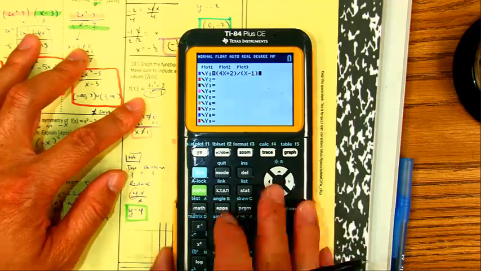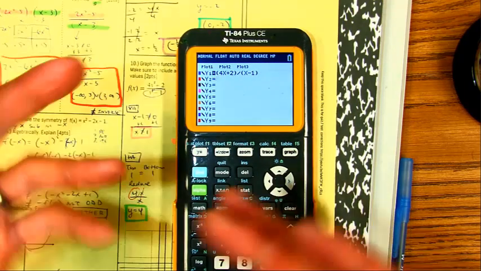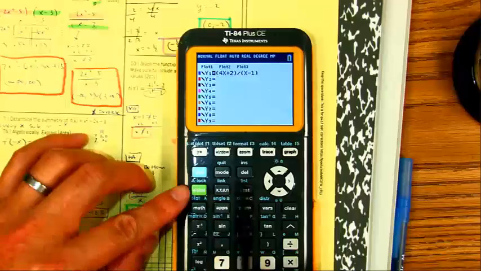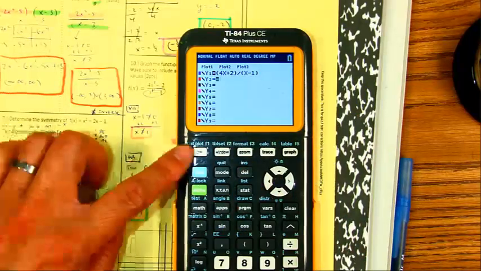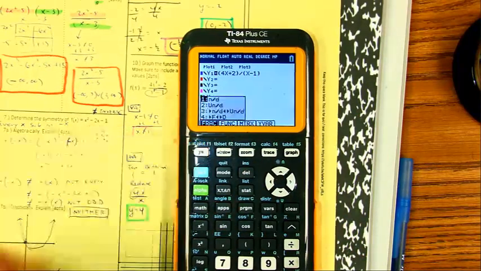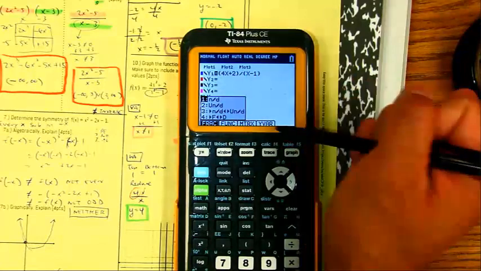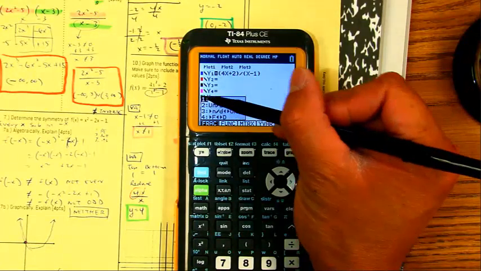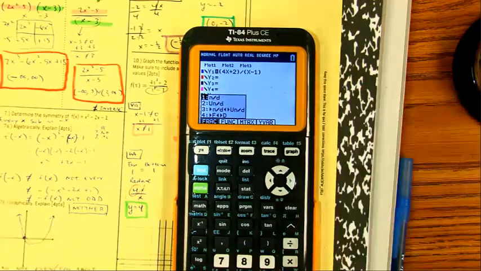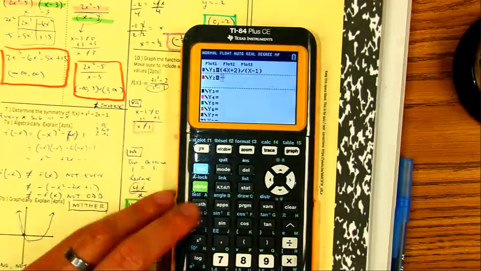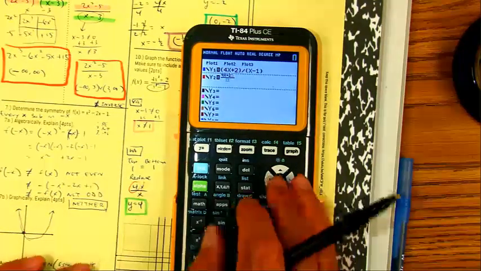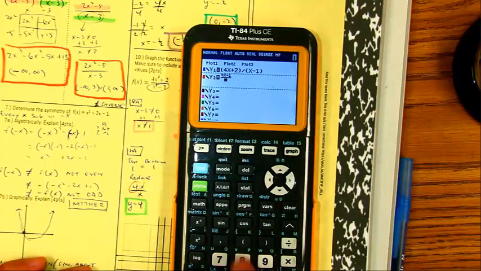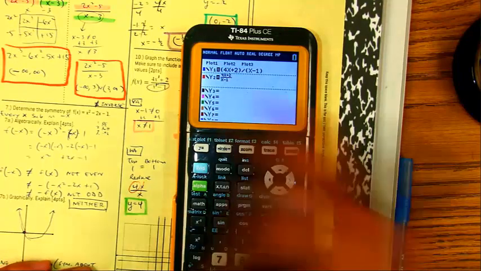Second way, to prove that they're equivalent, because they'll just graph on top of each other, you press alpha and then F1, or y equals. And it brings up this window here, and basically that is the numerator and denominator, top and the bottom of the fraction. 4x plus 2, and you press down, x minus 1, and if you ever need to write something to the right of it, you just press right. You got it.